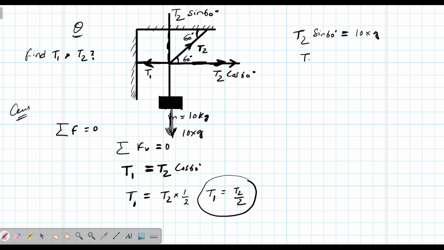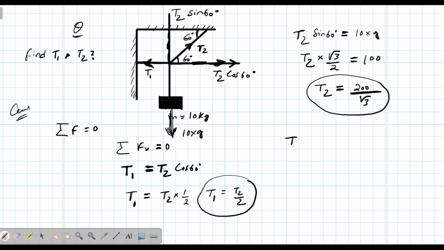Sin 60 is root 3 by 2, and 10 into 10 is 100. So T2 equals 200 divided by root 3. That is T2.